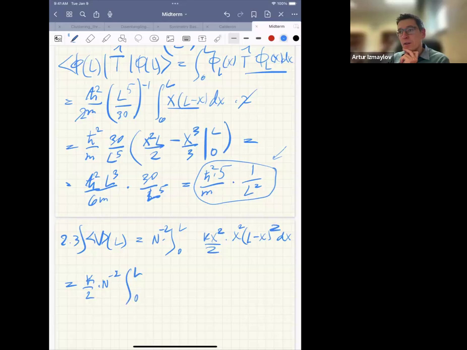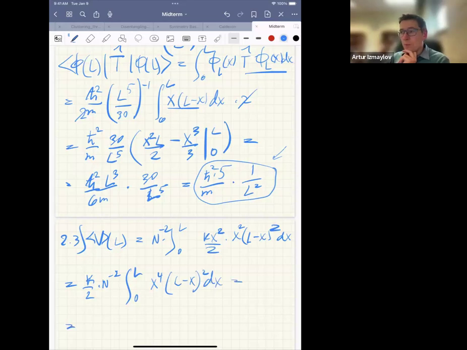We have effectively x to the 4, (L minus x) squared dx.